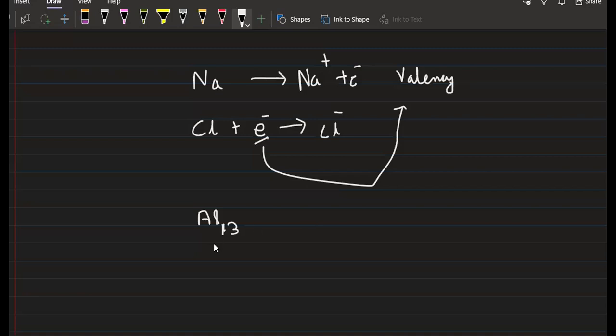So aluminium is having how many protons and electrons?